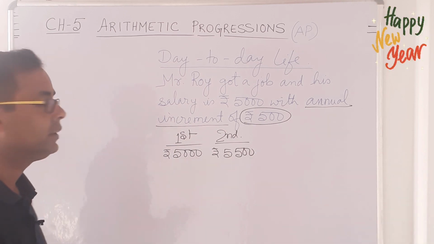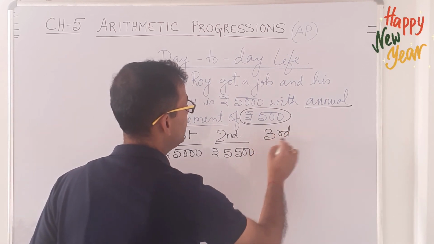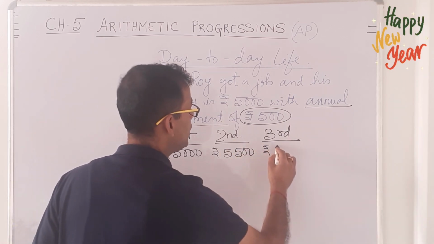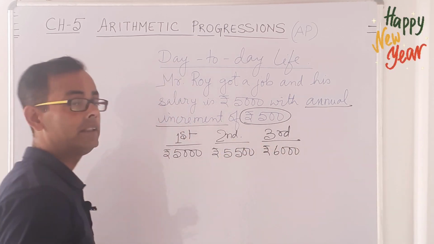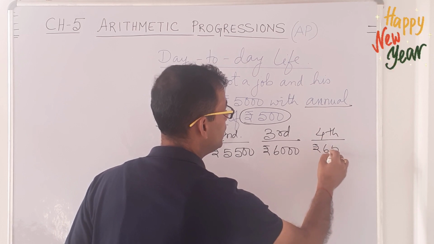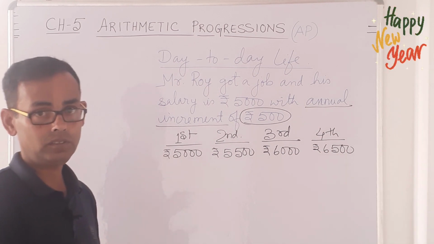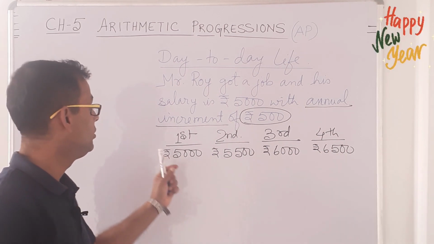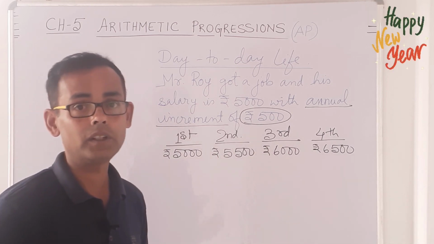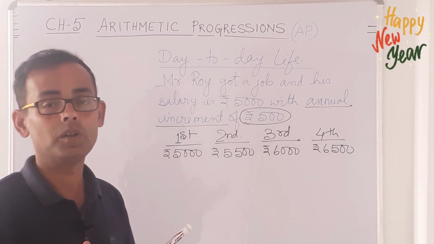In the third year, again 500 is added, so it becomes 6,000. In the fourth year it will be rupees 6,500. So this is known as a pattern: 5,000, 5,500, 6,000, 6,500. I hope you have understood the meaning of the word pattern.